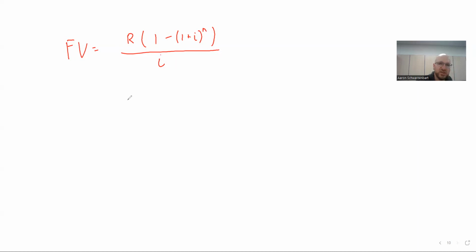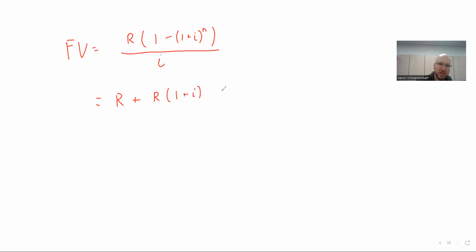But if you're doing this yearly, this is pretty easy to see. So then n is just years and I is just the interest rate; if you're doing it compounded partially per year, it gets a little more complicated. So the first year, my sum is R. I put in R. At the end of my first year, I compound my interest once, and I get R times 1 plus I.